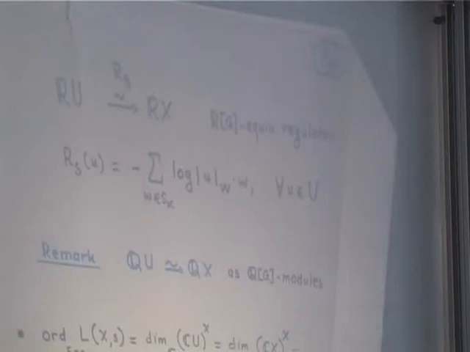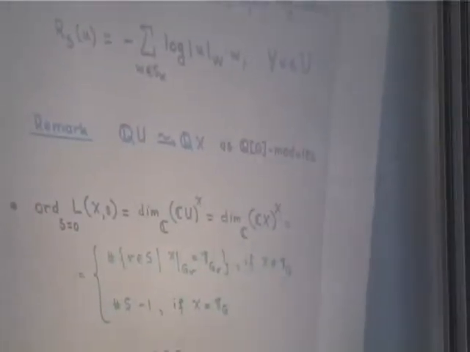Well, it turns out that that's the dimension of the C vector space obtained by taking the chi eigenspace of C_U. But since C_U is isomorphic to C_X as C[G] modules, that's also the dimension over C of the chi eigenspace of C_X. And since we understand C_X very well, I can compute this dimension.